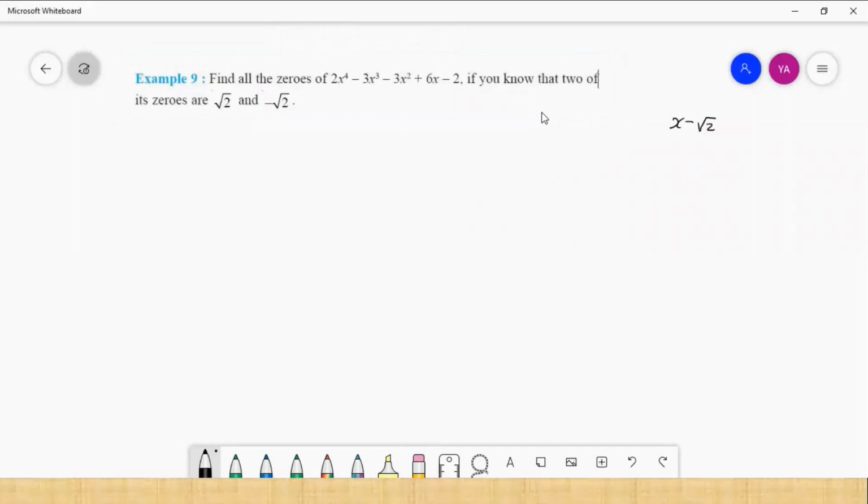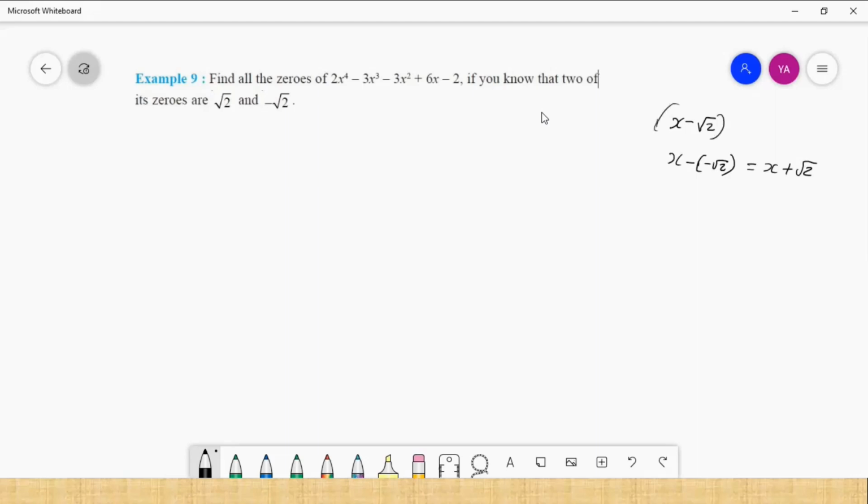And also, if minus root 2 is a zero, x minus minus root 2 will be a factor. So that means x plus root 2 is a factor. Okay, so these are two factors of this given polynomial.